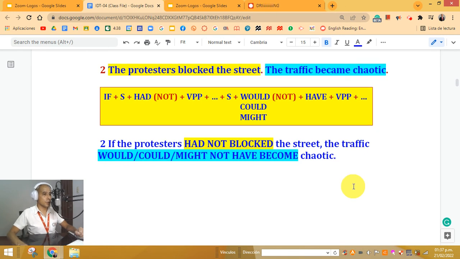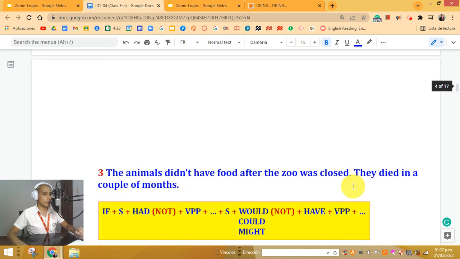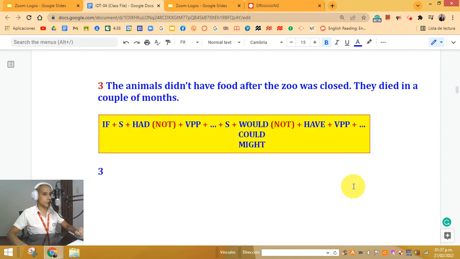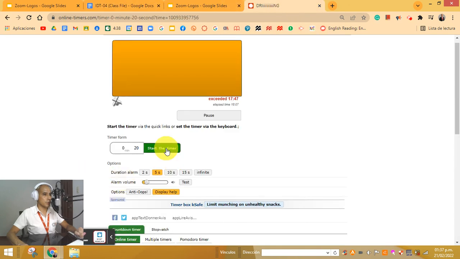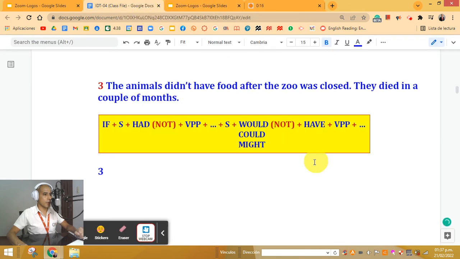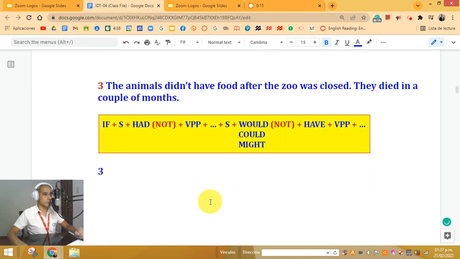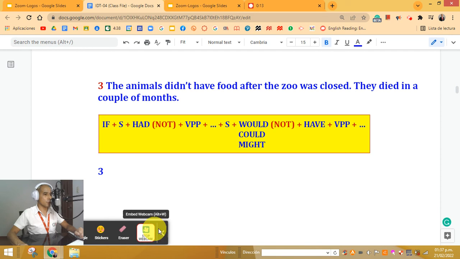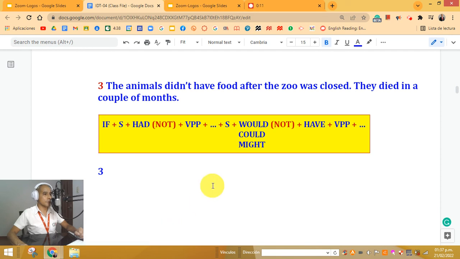Now we are going to continue with number three, example number three. This will be the first one that you're going to do. So this is what we are going to do. I'm going to give you 20 seconds. Now I will allow you to analyze the sentence, and I will allow you to change it to a conditional, third conditional in this case.